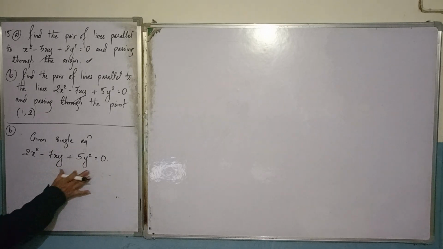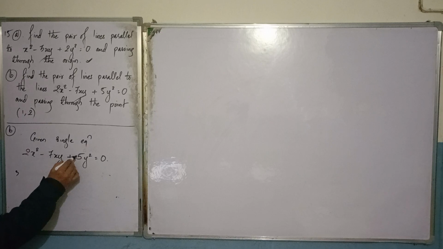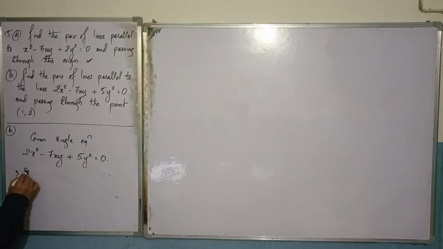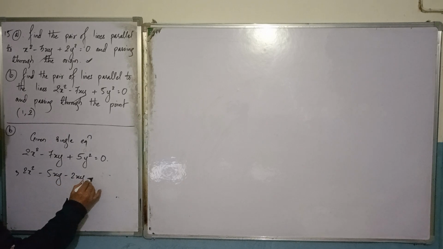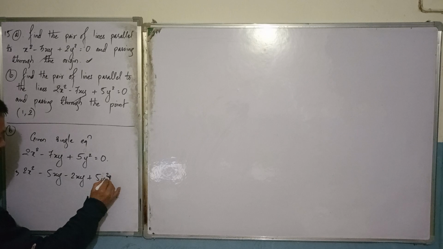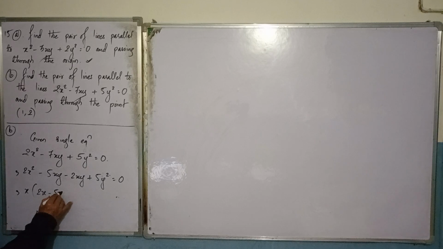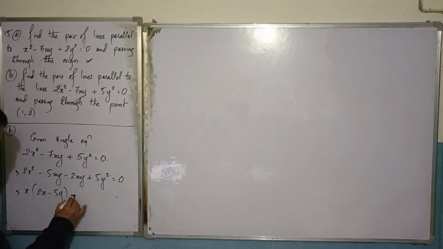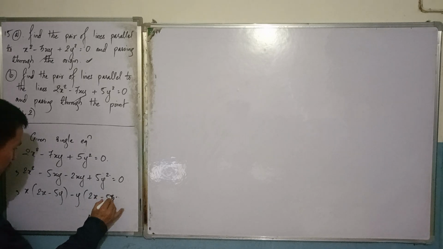Just factorize this. 2 fives are 10 and 5 plus 2 will be 7. So I'm going to do here directly 5xy minus 2xy plus 5y squared equals 0. Here x will be common: x(2x minus 5y), here minus y(2x minus 5y) equals 0.